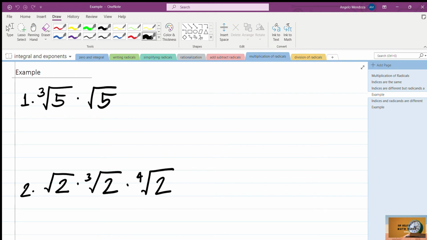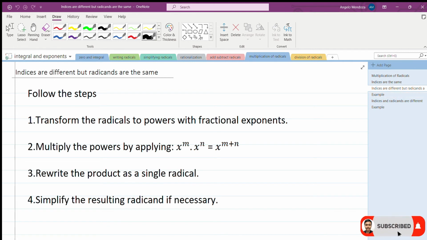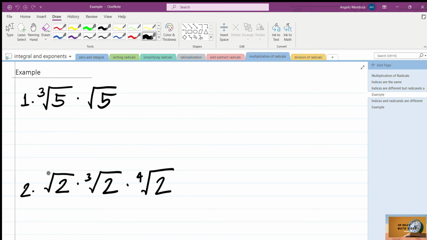So the first step, let me go back. Transform the radicals to powers with fractional exponents. So from the cube root of 5 times the square root of 5, this becomes 5 raised to 1/3 times 5 raised to 1/2. Cube root is 1/3, square root is 1/2.